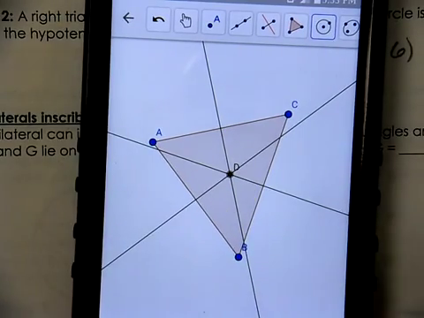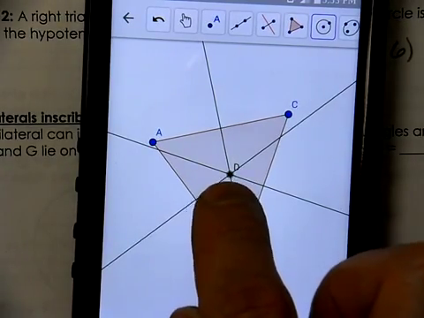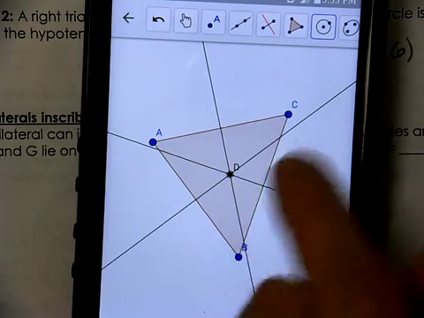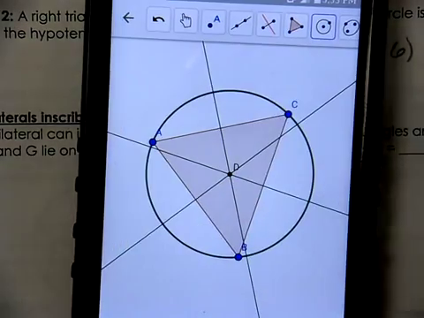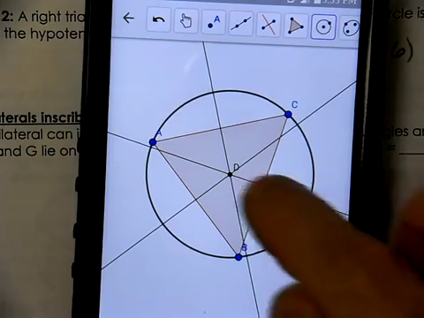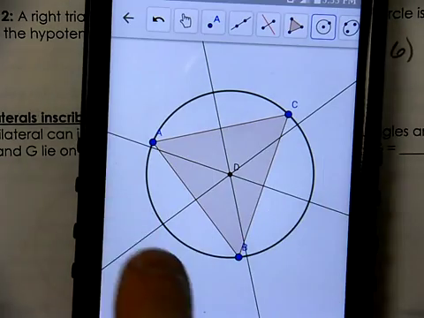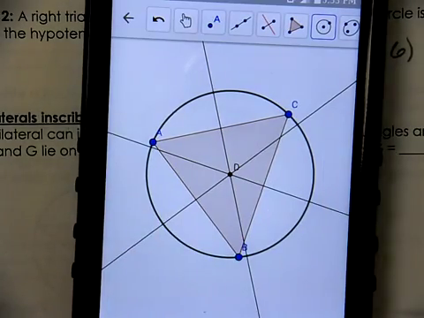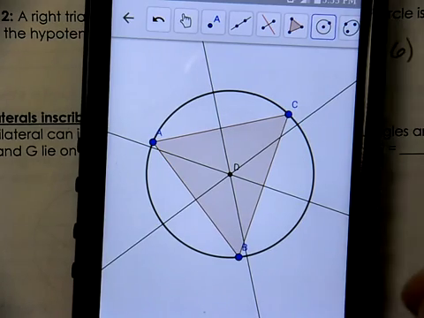The center is at the intersection of the perpendicular bisectors, and we want to open that up and have a radius out to the side. Notice that circle perfectly touches and inscribes that triangle.